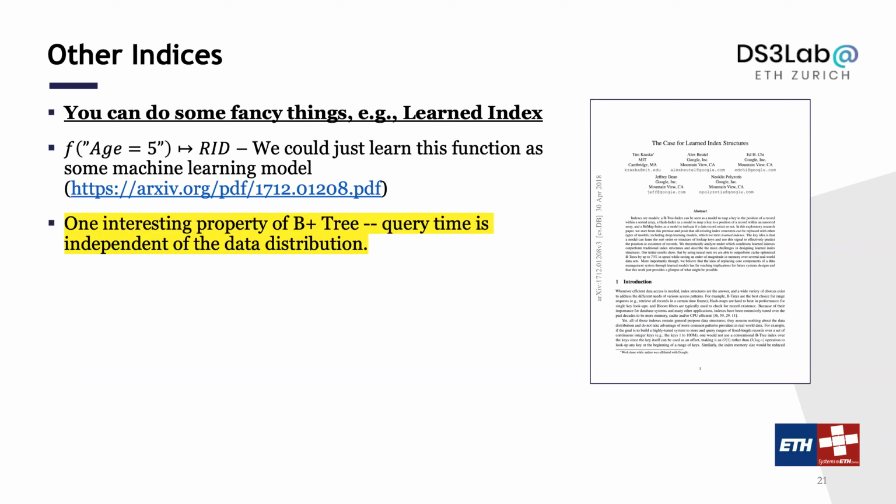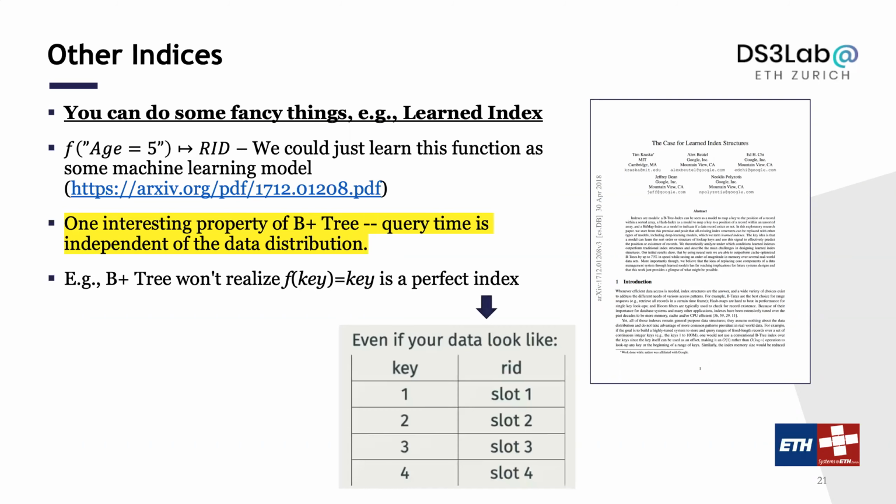If you think about B plus tree, a very interesting property is that the query time is independent of the data distribution. It doesn't matter what your data looks like, you always have a B plus tree of a very similar size. However, if you treat it as a function, you could learn a whole bunch of things from your actual data distribution.